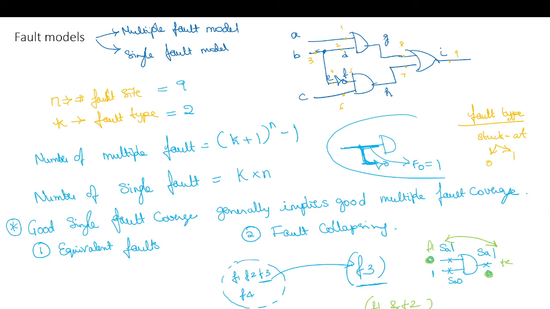Proof of multiple faults. They are asking for the proof. This is like the two types, equivalent and collapsed. But how do we explain the collapsed one?